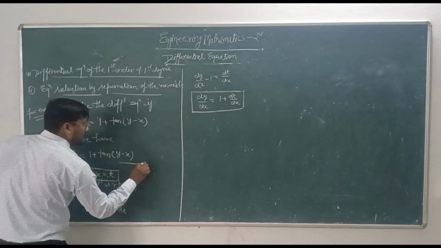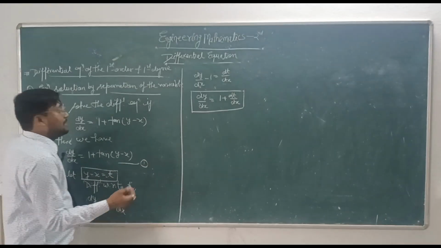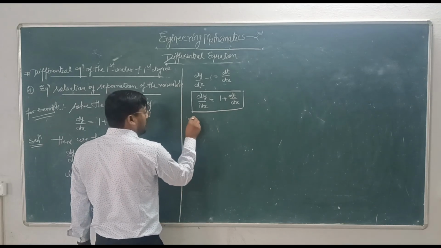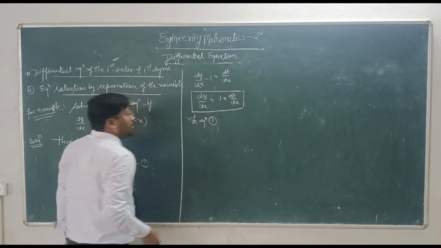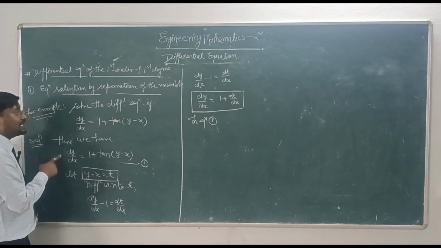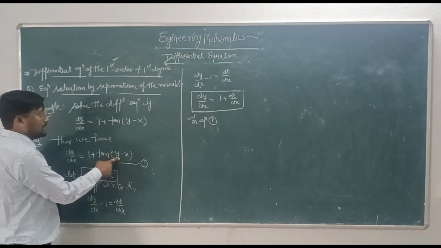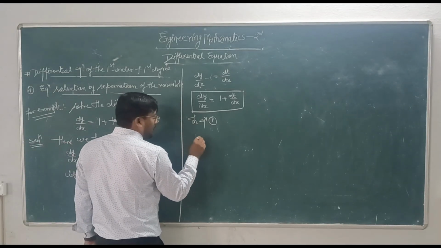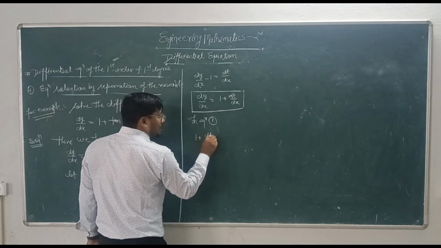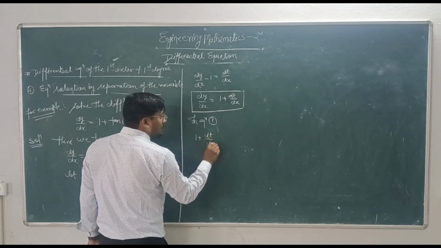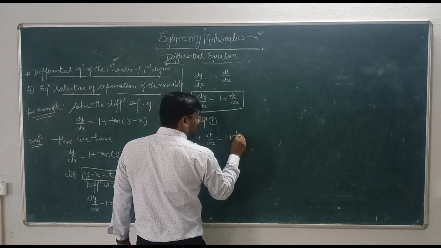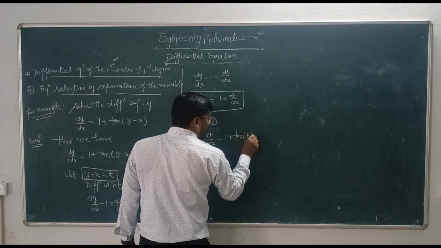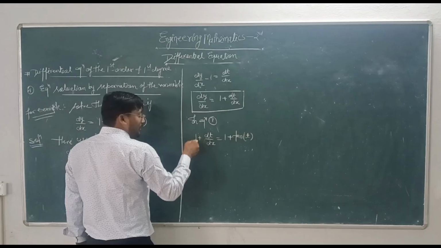If this is equation number first, now you can put it in the equation. In equation first, put dy by dx is equal to 1 plus dt by dx, and the right side has tan t. Now 1 will be cancelled.